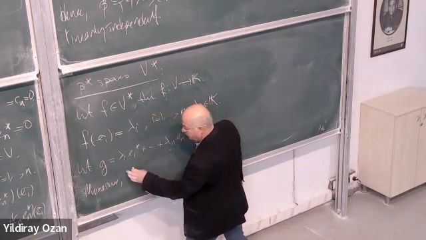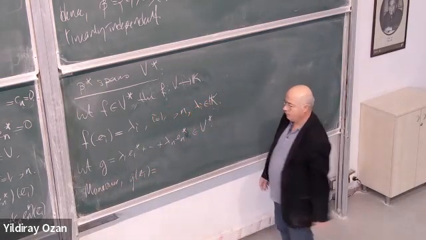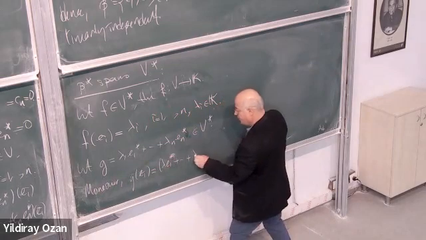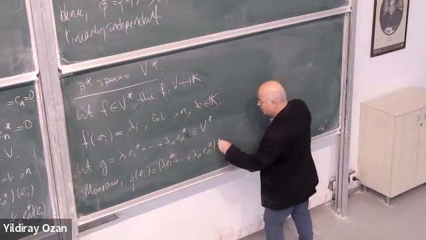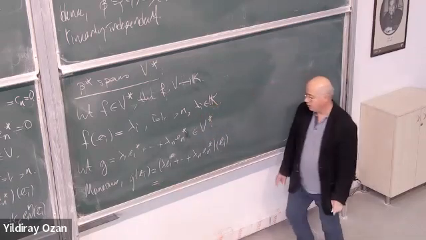And moreover, what is G of EI? Well, when you plug in E1 star evaluated at EI, what is the value of this?